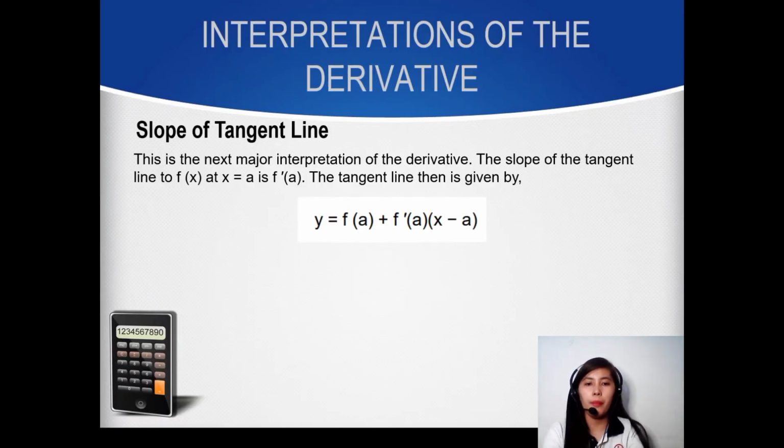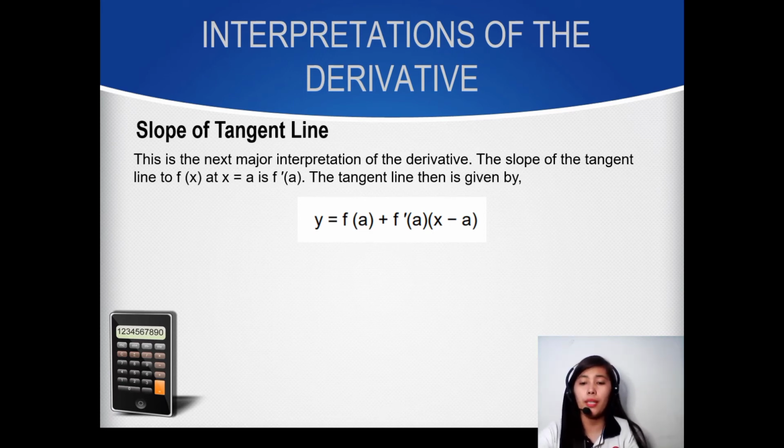Next, another application or interpretation of the derivative is in terms of the slope of the tangent line. The slope of the tangent line to f of x at x is equal to a is f prime of a. Therefore, the tangent line is given by y is equal to f of a plus f prime of a times x minus a.